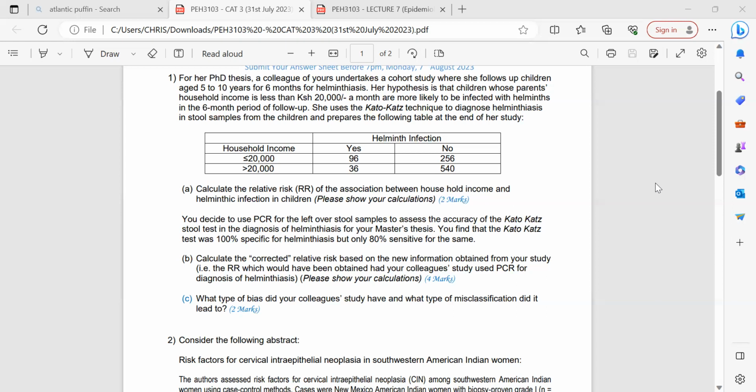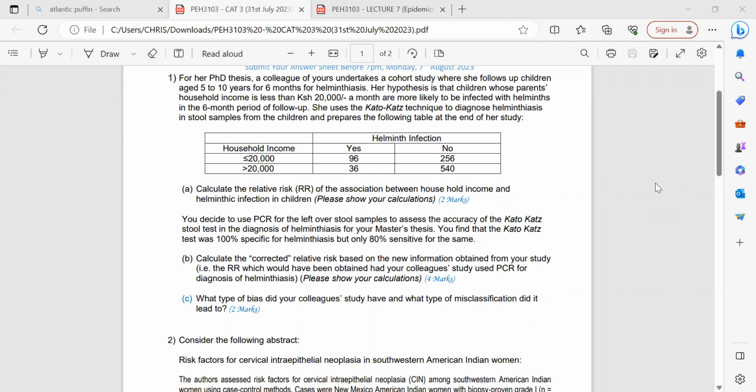So I tend to think that we are going to go by 80% of the 96 and the 36. Once we get 80% of 96, that result is what we put there, and the excess goes to the other side because it was a false positive, or else it was supposed to be negative.